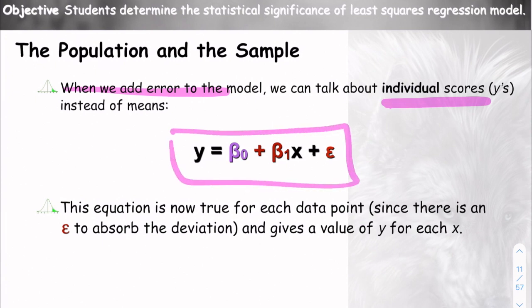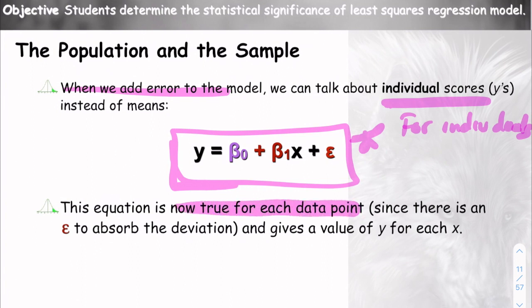And I would make a note of this formula. This is for individuals as opposed to the means. This equation is now true for each data value, since there is this epsilon, this error value, to absorb the deviation, and give a value for y for each x value.